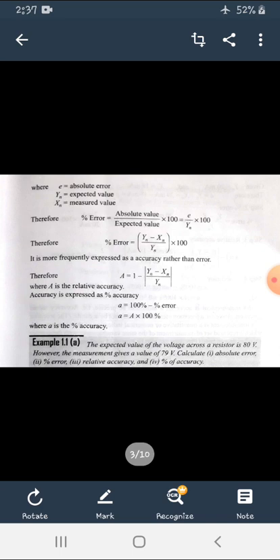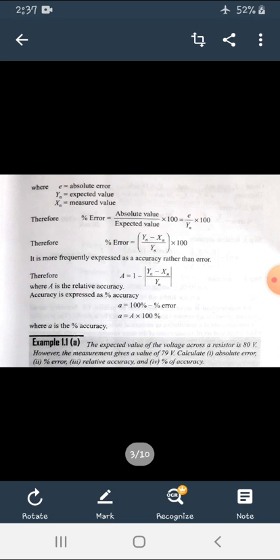So the term accuracy and the error are closely connected, because accuracy is 1 minus error. If error is deducted from the total, that is the accuracy. So if suppose in a system 5% error occurred, then accuracy is 95%. So 100% minus percentage error, that is the accuracy.